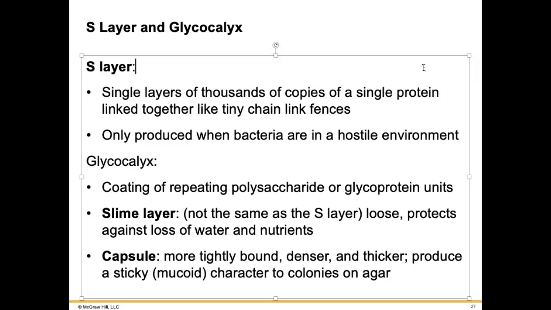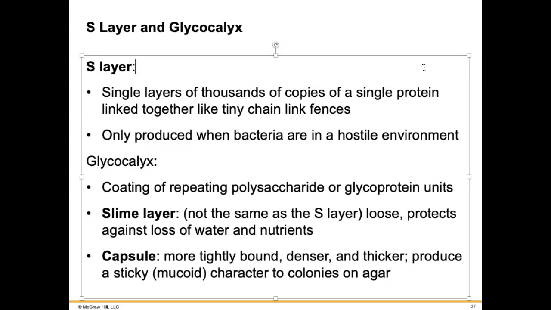The capsule is a more tightly bound, denser and thicker layer on the cell, and it produces a sticky mucoid character in colonies on an agar. That means when we take this type of bacteria and introduce it to a medium that it likes and it grows, it will be a colony surrounded by a mucoid layer, which is also kind of neat.